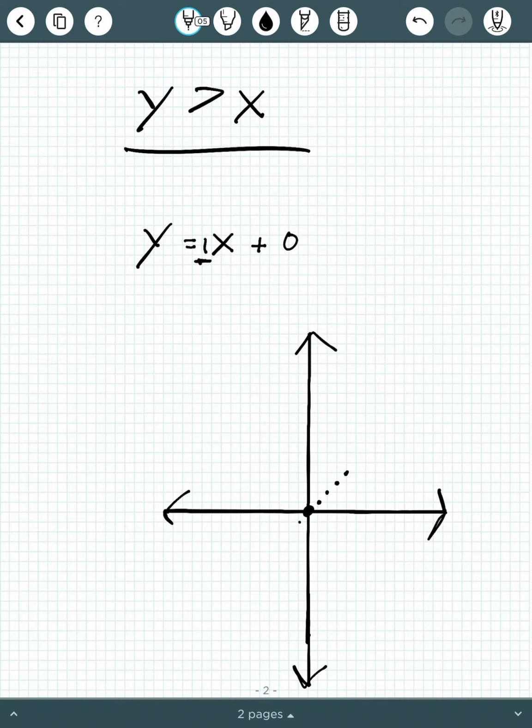And that pattern continues in both directions. I could go down 1 and back 1 as well. This would be graphing the line y is equal to x. So if I just wanted to graph the line, I would have enough points. I would take my straight edge and I would connect, and this would be my graph.